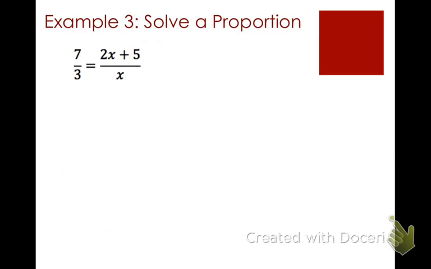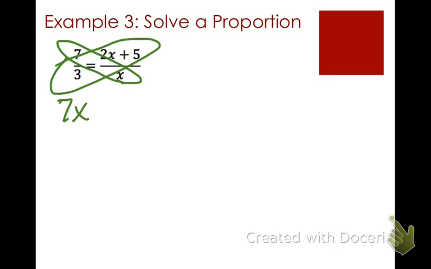Another example for you, this is where being very careful about distributing comes in. First we have 7x on the left has to be equal to 3 times the quantity 2x plus 5. That is the most important part there, is that you remember that 3 has to be multiplied by everything on top of that ratio.